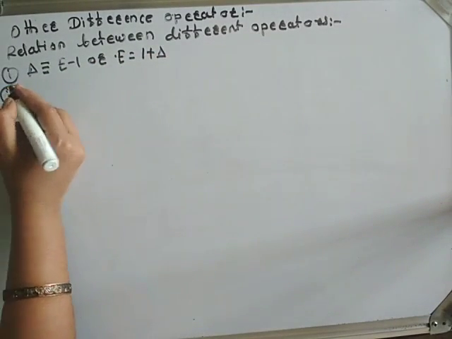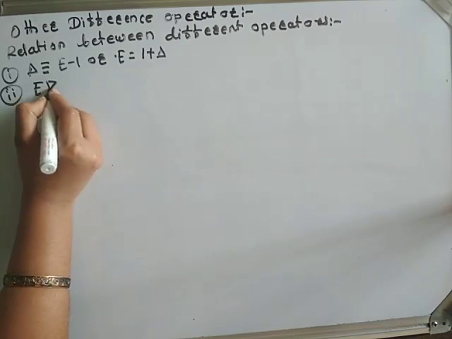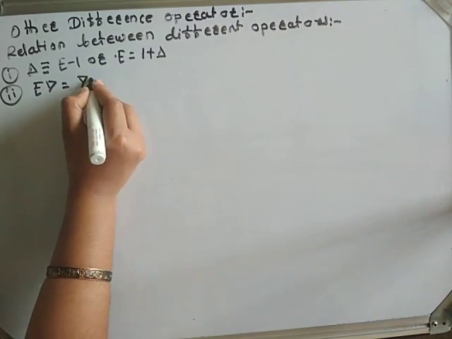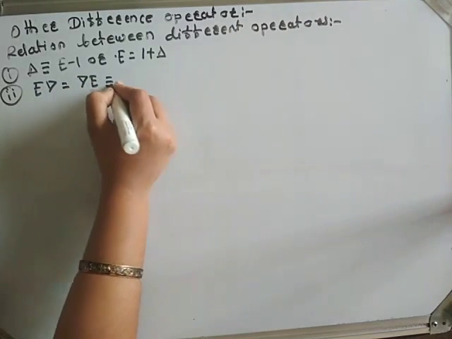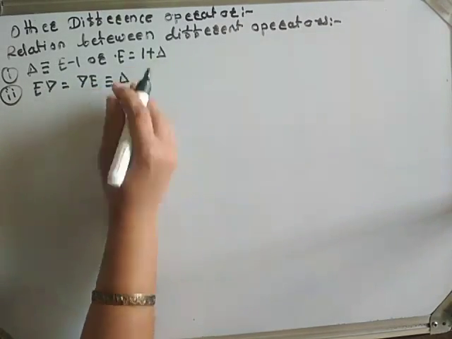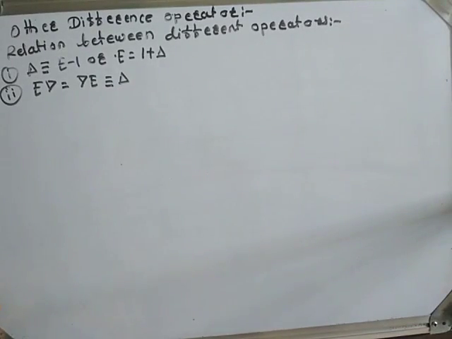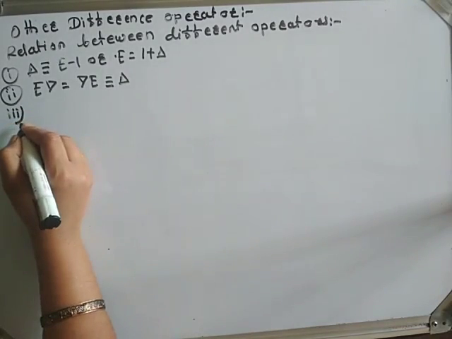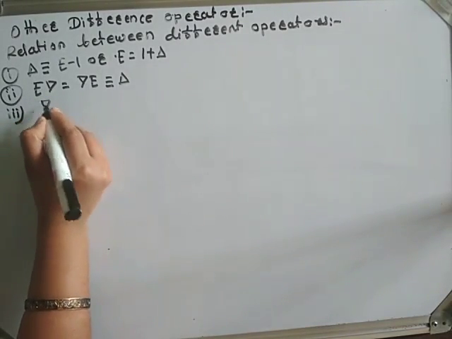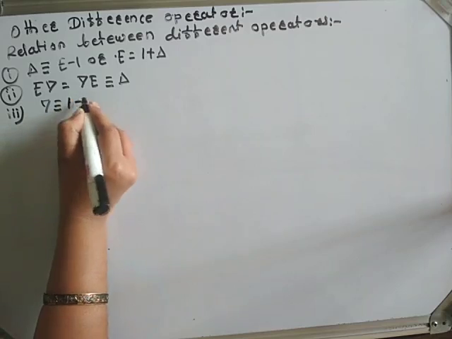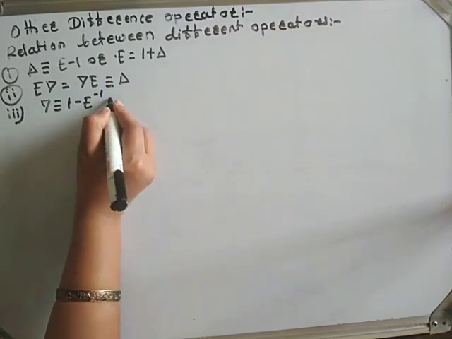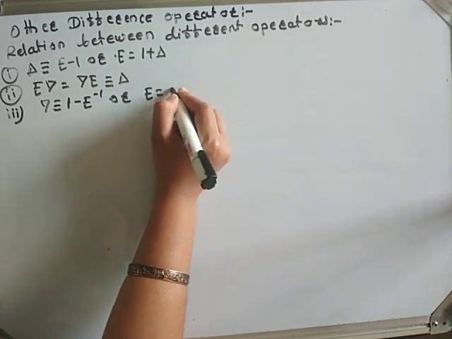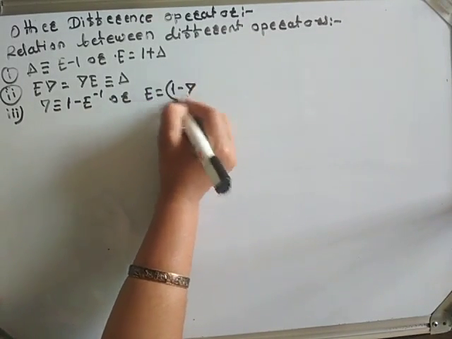Second is E del is equal to del E, which is equivalent to delta. Third relation is del is equivalent to 1 minus E inverse or E is equal to 1 minus del inverse.